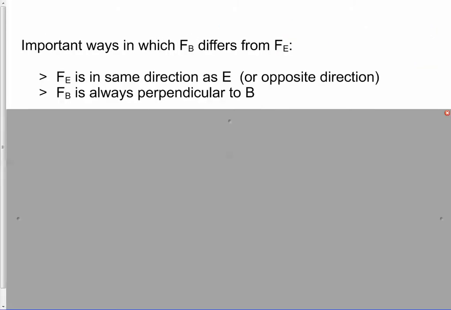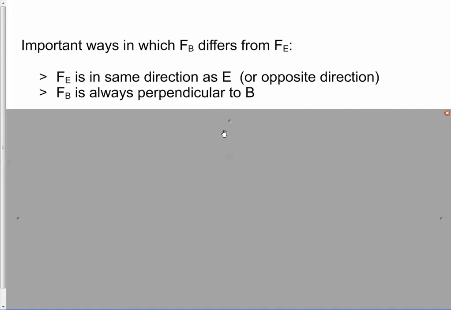So I want, at this point, to talk about ways in which the magnetic force differs from the electric force, things we've already mentioned. I just want to summarize this. So first of all, the electric force is always in the same direction as E, or at least in the opposite direction if you're talking about a negatively charged particle, but it's in the line of the electric field. Whereas the magnetic force is always perpendicular to the magnetic field.